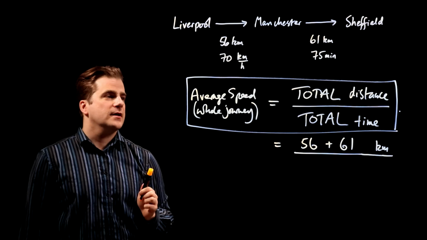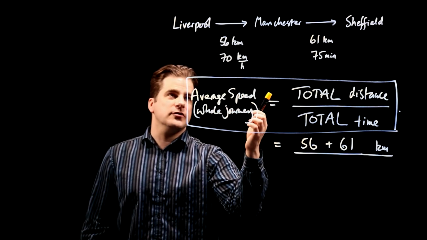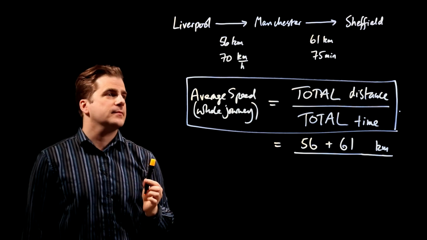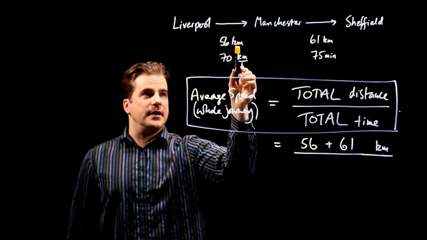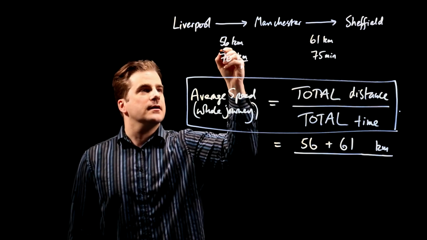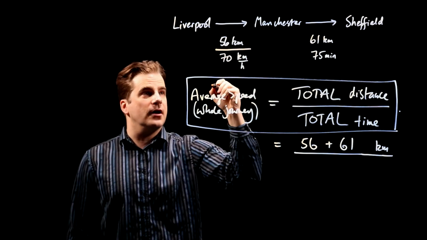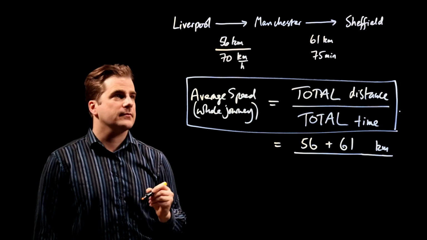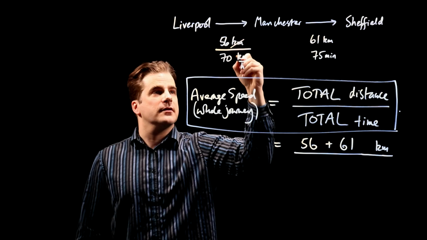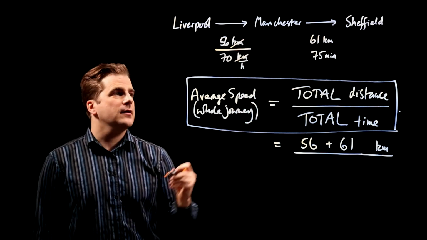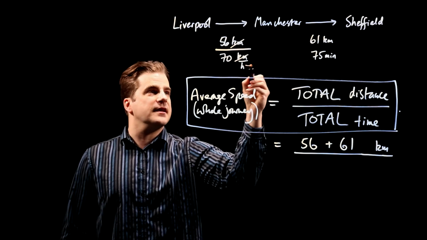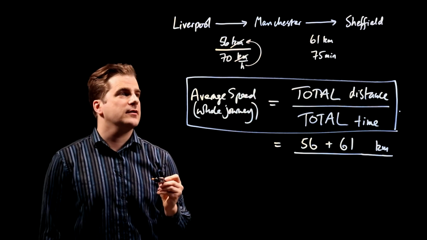However, you can also work out what to do just by looking at the units, okay? You've got 56 kilometres and 70 kilometres per hour. Just by looking at the units, I know that if we divide them, kilometres on the top, kilometres on the bottom, they cancel, okay? And when you divide and divide again by something, that's the same as that thing being on the top.